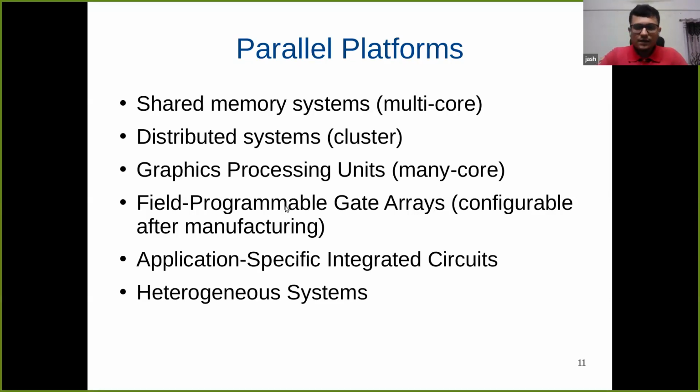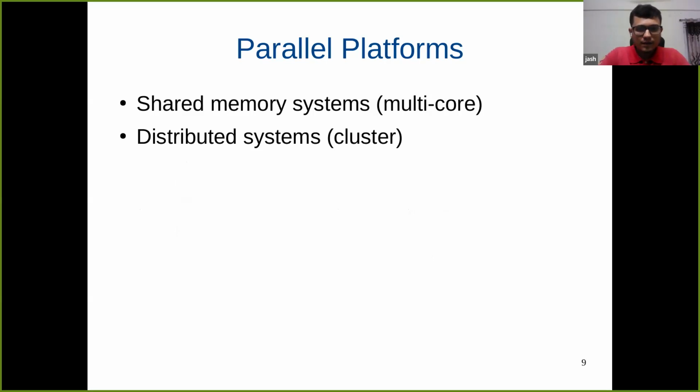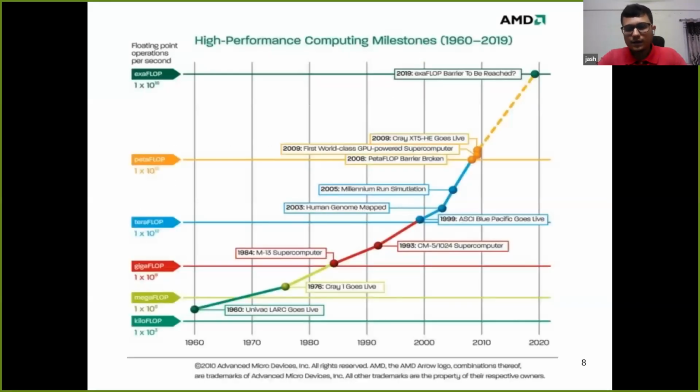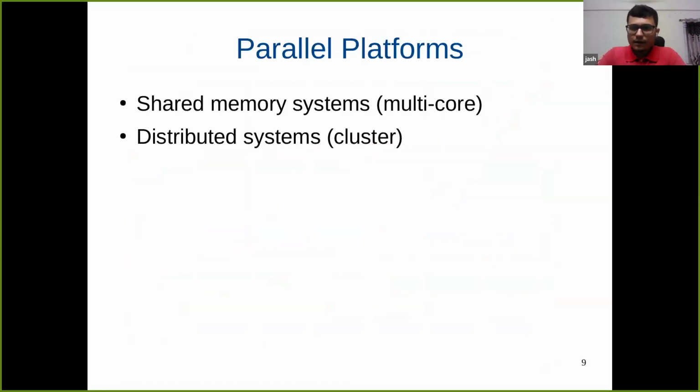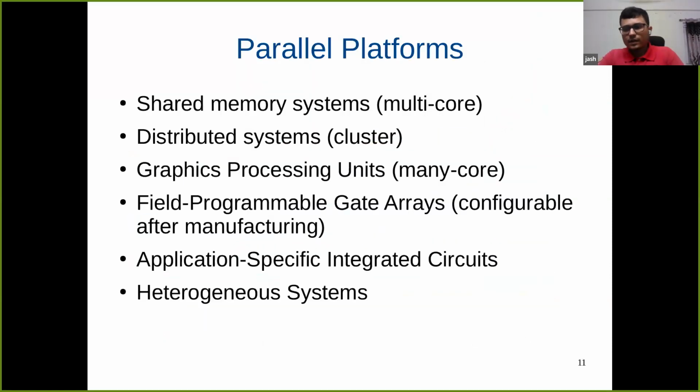Most of the supercomputers that you saw in the previous slide are actually heterogeneous systems. They are not just multi-core, but they have many things. They are distributed clusters with multi-core CPUs, GPUs, and so on inside them. Any questions up till now?